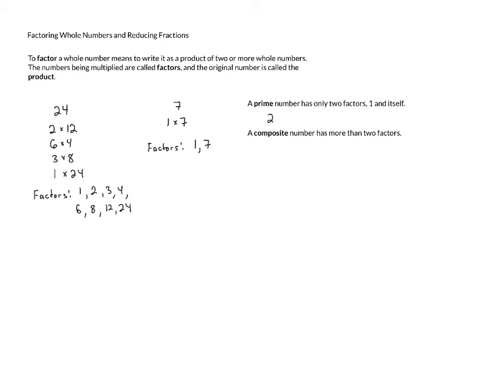2 is prime because we can only break it down as 1 times 2. 3 is prime because we can only break it down as 1 times 3. 4 is composite. We can factor that as 2 times 2. 5 is prime. 6 is composite because we can write it as 2 times 3. 7 is prime. 8 is composite, can be written as 2 times 4. 9 is composite, 3 times 3. 10 is composite, but then 11 is prime.